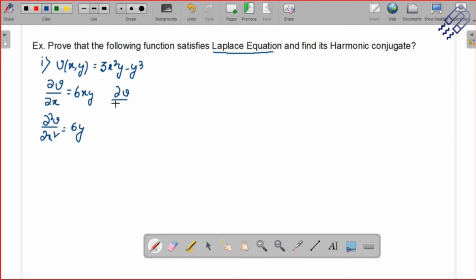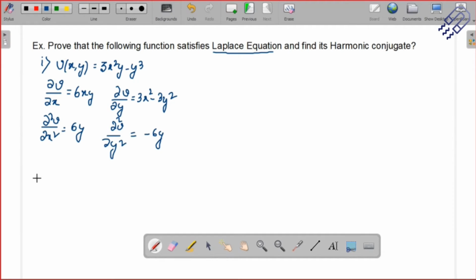And then we have del v del y equal to 3x squared minus 3y squared, and then del squared v del y squared, double differentiation, would be minus 6y.